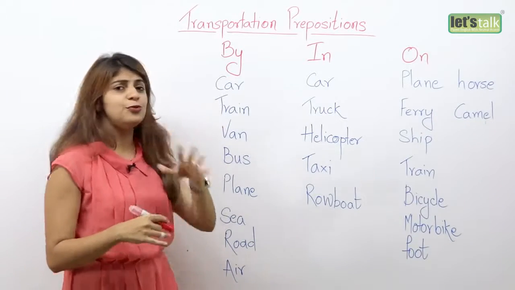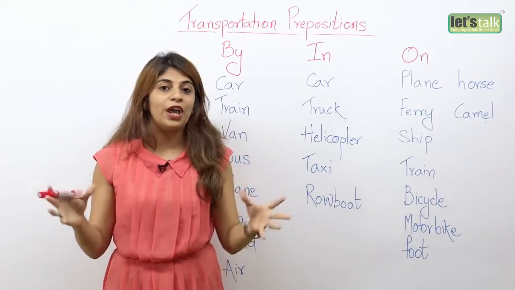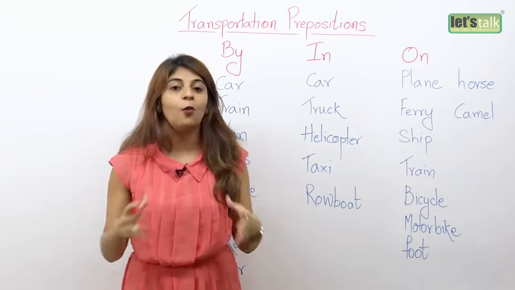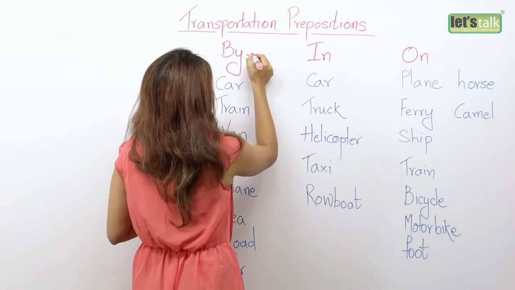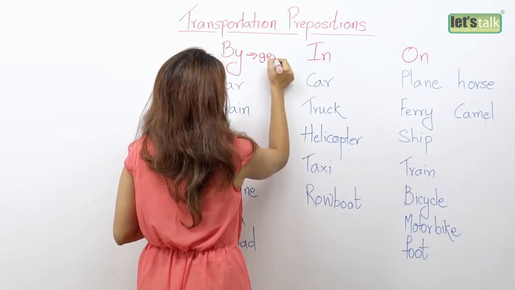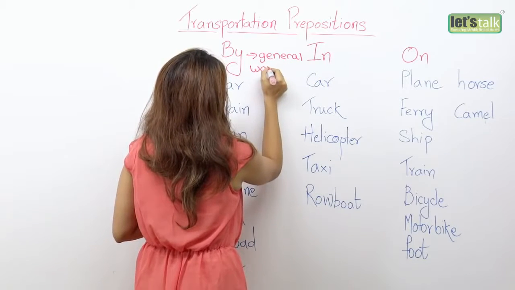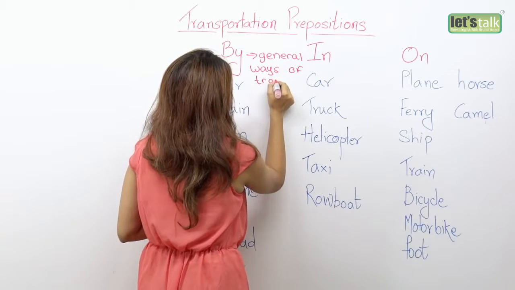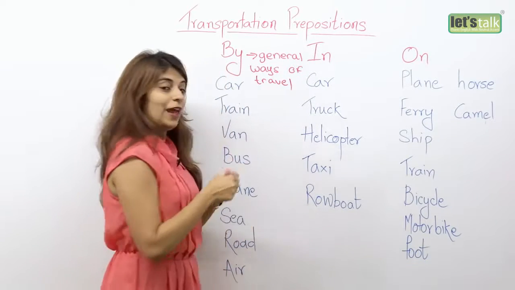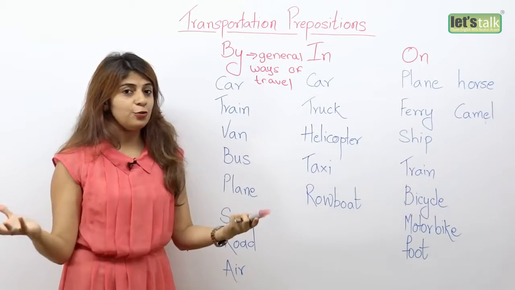Now, when do you use by? When we are talking about general ways of transport, okay, or general ways of travel. So for example, how do you travel?